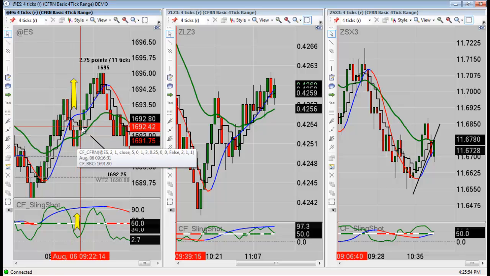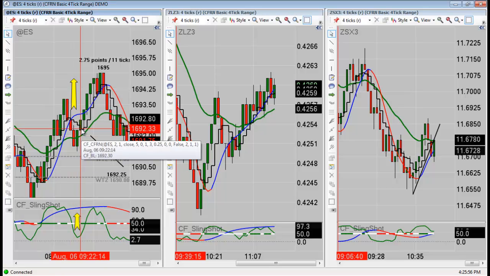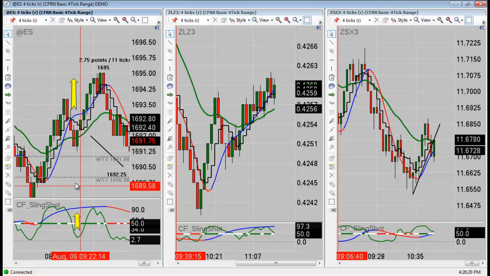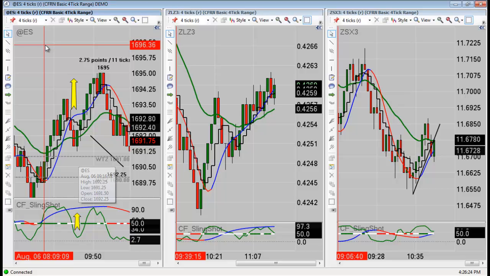So this move from right here, the open of this candle, to right here is 2 3/4 points or 11 ticks. Okay? So we had a trade that went south for 2 points. We had a trade that got disqualified. We had a trade that dropped a total of 5 points and then ran into support at our weekly trading zone. The market flipped around and then handed us a 2 3/4 point or 11 ticks.